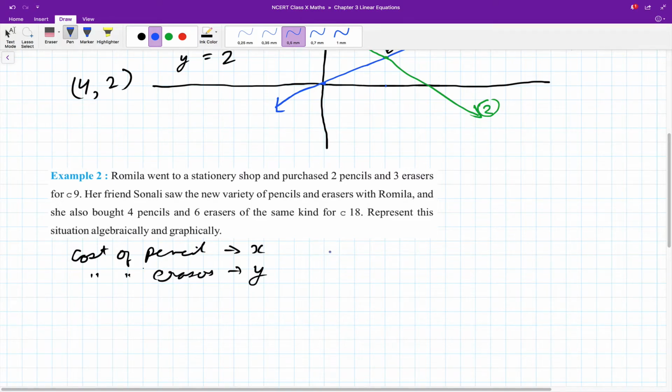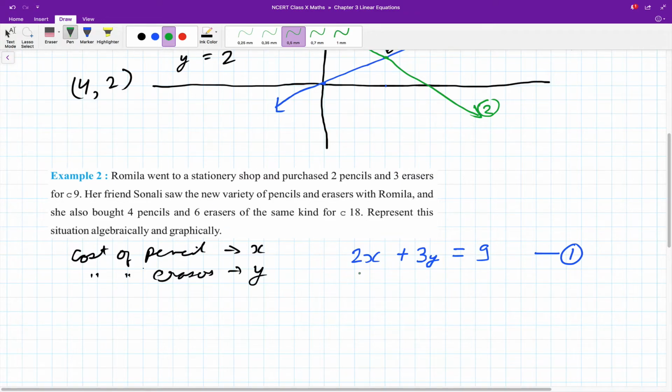First let us write the case of Romila. Romila bought 2 pencils, so if 1 pencil costs x, then 2 pencils will cost 2x. She also bought 3 erasers, and 3 erasers multiplied by the cost of 1 eraser will be 3y. Both of these will be equal to 9. So this will be our equation 1.